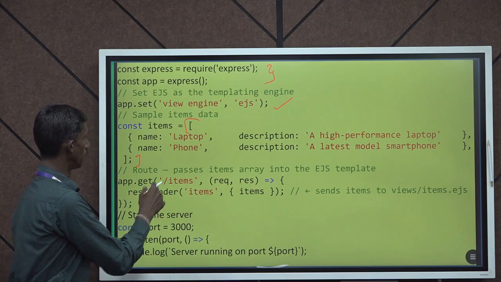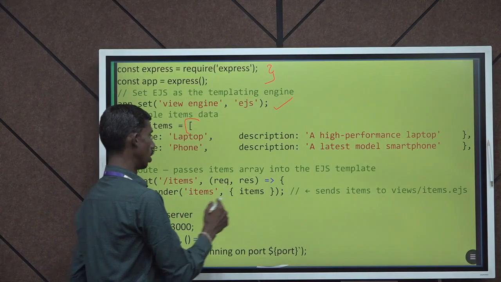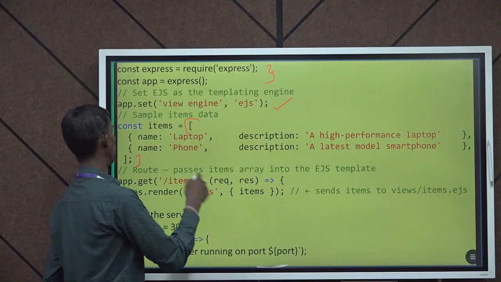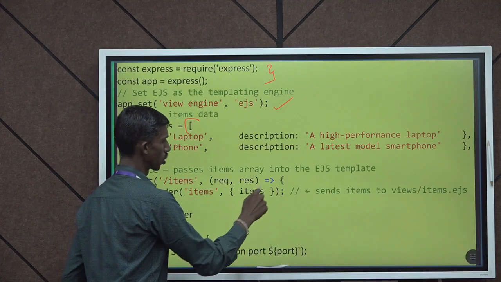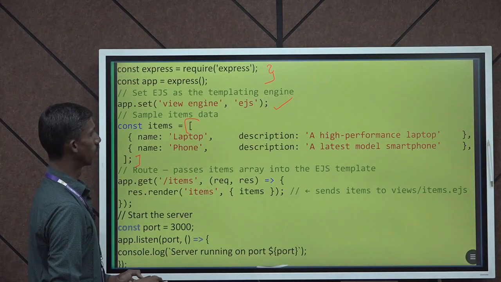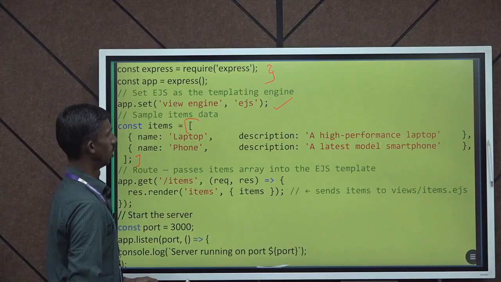I want to pass this data to the EJS file index.ejs. Look at app dot get, whenever I am saying items, then response dot render of items. This is the items JSON, and it should be enclosed with curly braces.